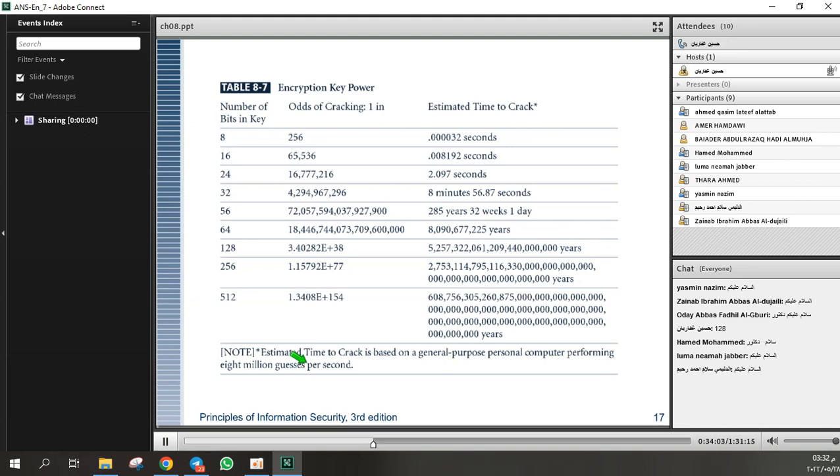In a brute force attack, I'm trying to guess the key. Let's suppose that I'm using a PC performing 8 million guesses per second. It's a common computer. You know, if my key has only 8-bit length, the length of my key is 8 bits.